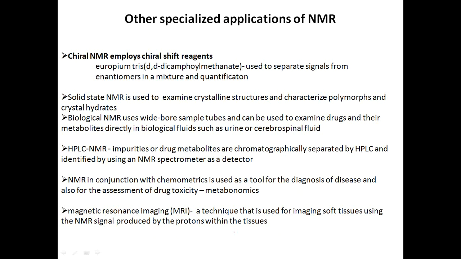Biological NMR is used for determining drug toxicities or other metabolites in a particular drug examination. Like HPLC, NMR is also used for studying drug metabolites. Then NMR, in conjunction with chemometrics, is also used for determining toxicities.